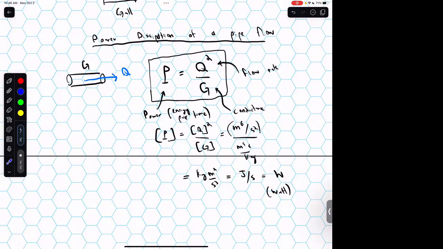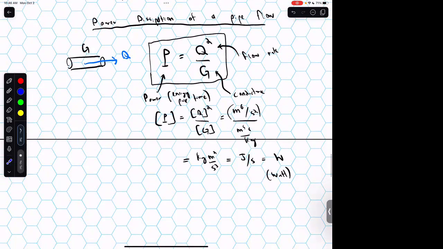Okay, so one thing that your book has a whole section on, because I think it's particularly relevant to biomedical applications, although I'll admit I work in non-biomedical fluid dynamics, I've never seen this come up in other contexts. But when you use this idea of conductance and power dissipation to think about the human circulatory system, sometimes you encounter this concept called Murray's law.